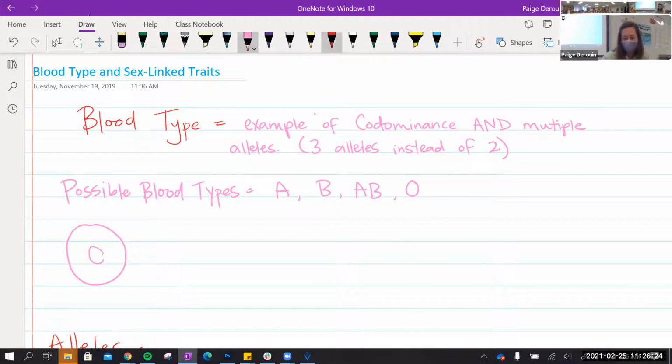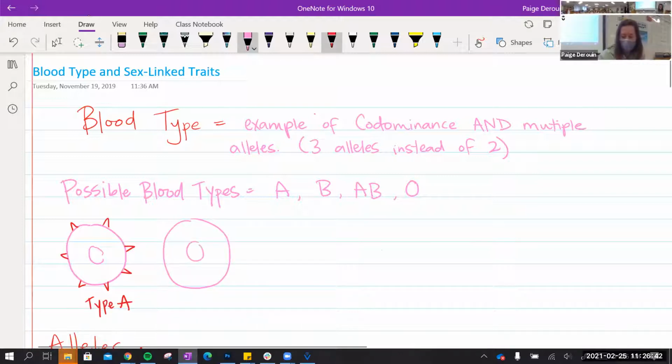But let's say if you're type A, you have these triangle glycoproteins, as they're called, sticking off your cell. This is type A. And then if you're type B, you might have these other glycoproteins that are a slightly different shape.